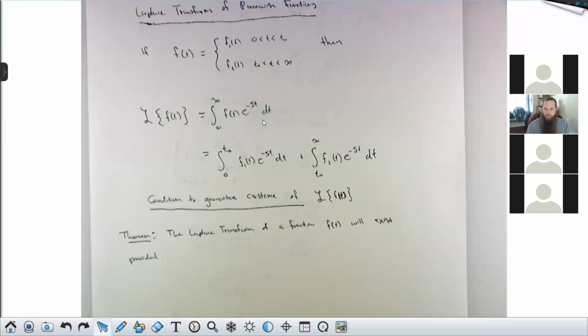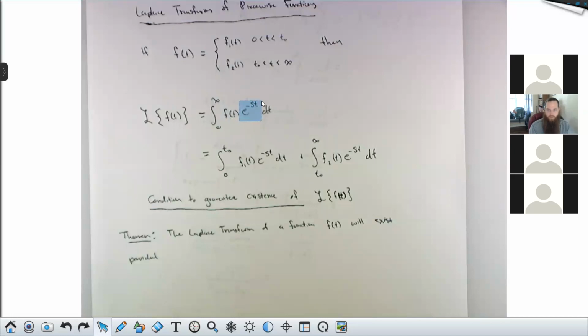If the function f of t grows, like f of t equals t, or t squared, or t cubed, we've calculated Laplace transforms of functions like that. Those still exist. Those integrals still converge as long as s is positive to guarantee that this thing is decaying. So the condition is that f of t cannot grow faster than this can drag down.